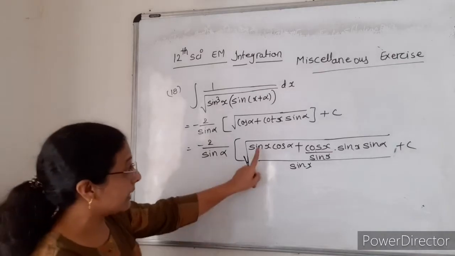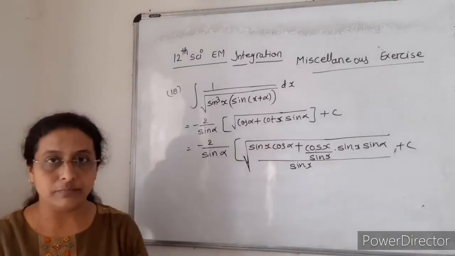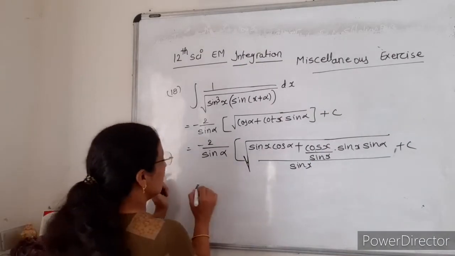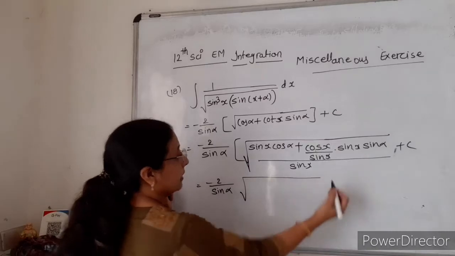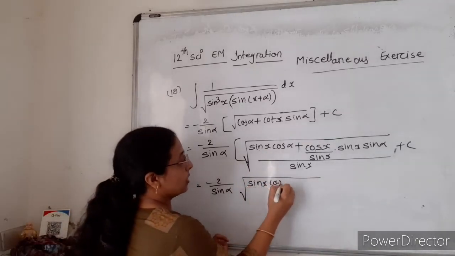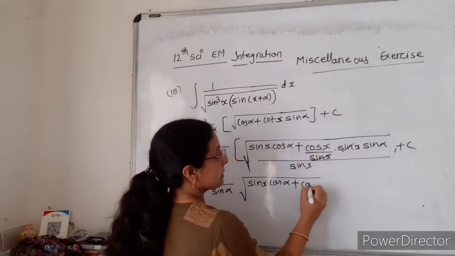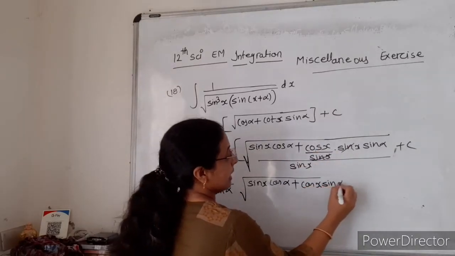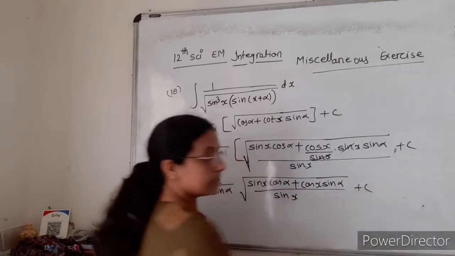What I have done is multiply and divide sin x in each term. So it becomes minus 2 upon sin alpha. Here sin x cos alpha plus, this sin will be cancelled, cos x sin alpha, upon sin x, plus c.